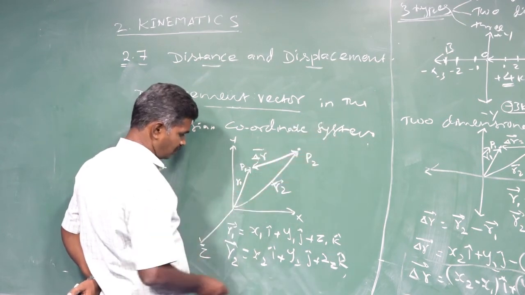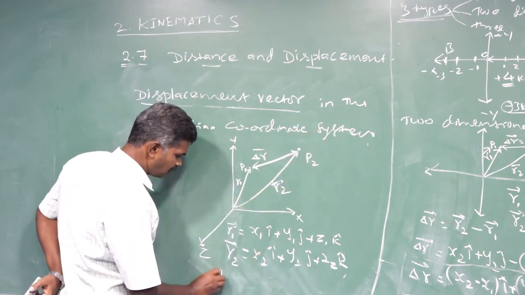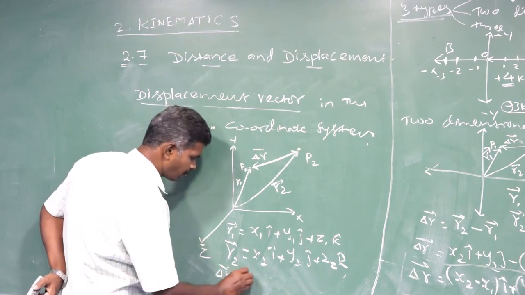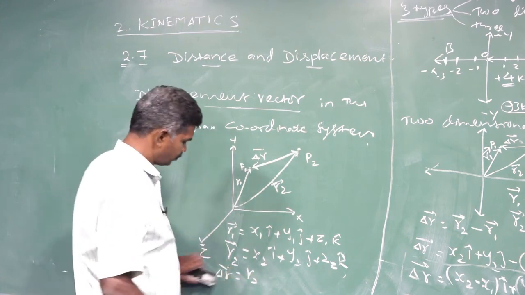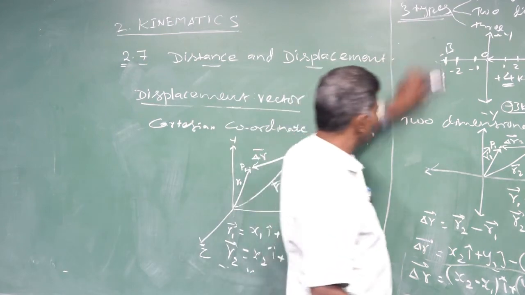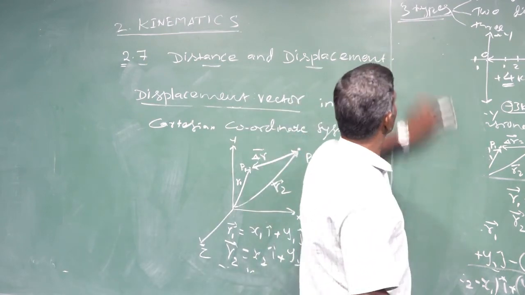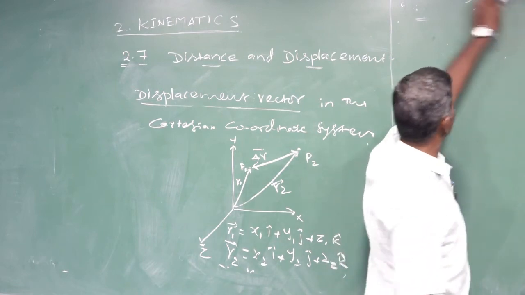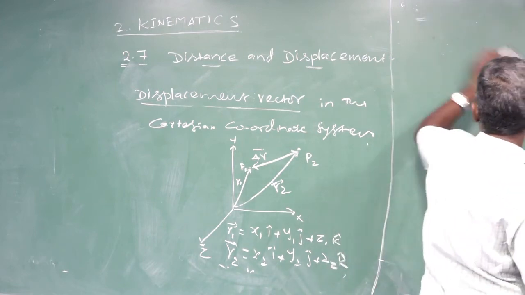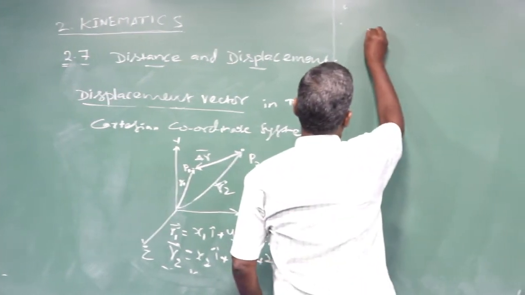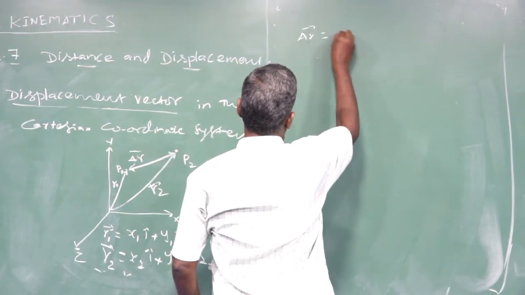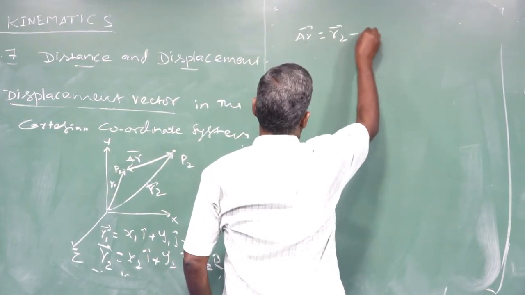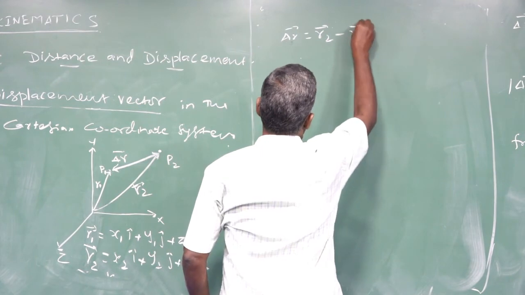Already we noted del r vector equals r2 vector minus r1 vector.